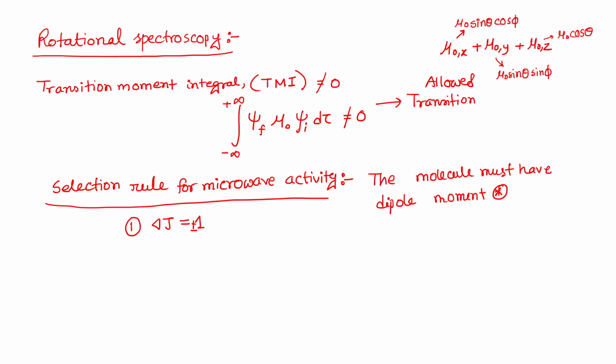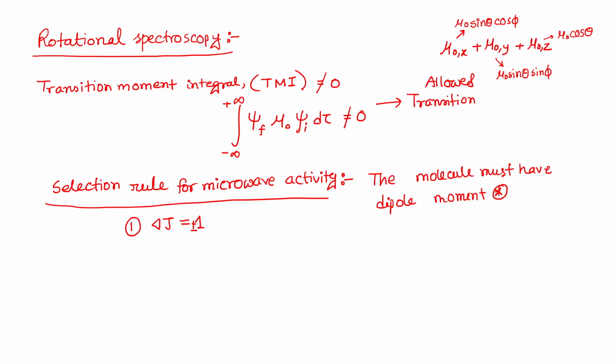It will change your dipole moment operator, so some perturbation will come. Then your triple product changes. It is not only mu zero; there is some perturbation associated with this operator when you put an external electric or magnetic field. Depending on that, you have to see whether your triple product is zero or non-zero.